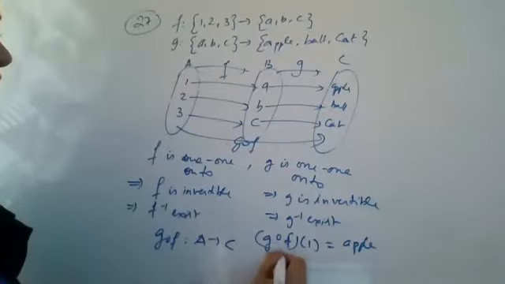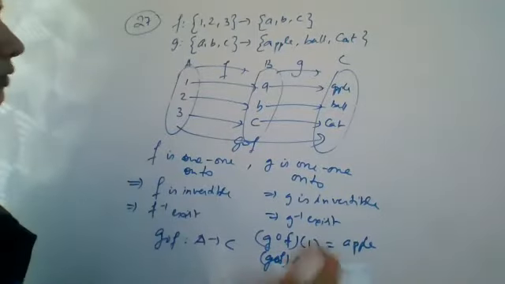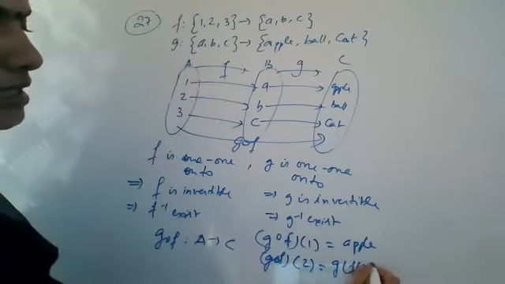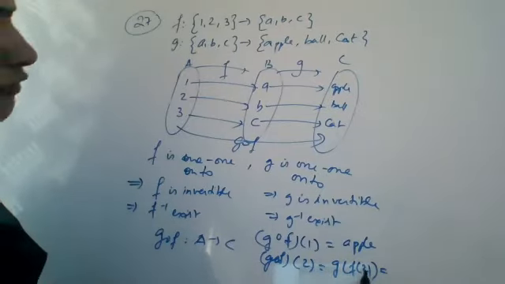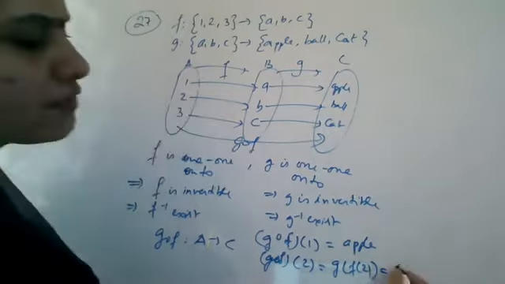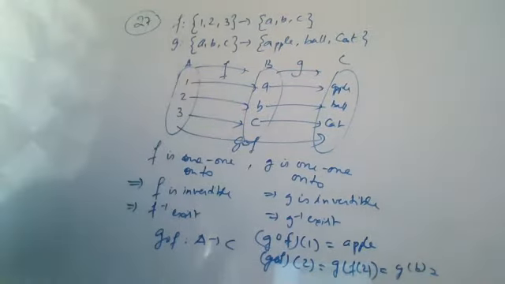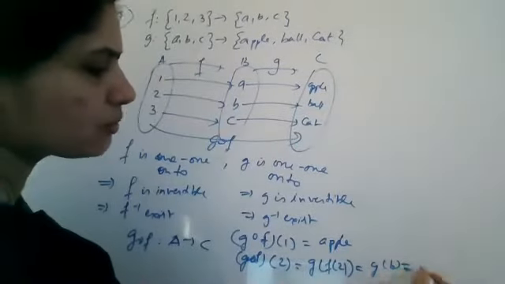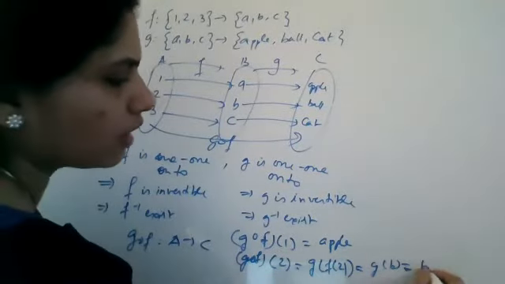Understood? Now if it is g composition f of 2, you will apply it as g of f of 2, according to the definition. F of 2 is B, so you'll have g of B. And what is g of B? G of B will be ball. So you are getting g composition f of 2 is ball.